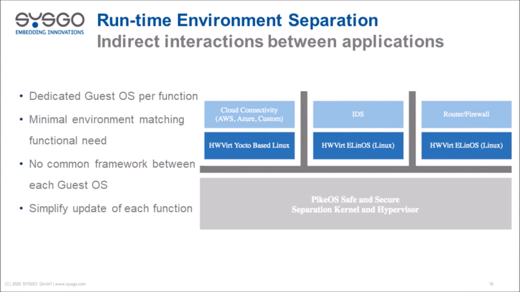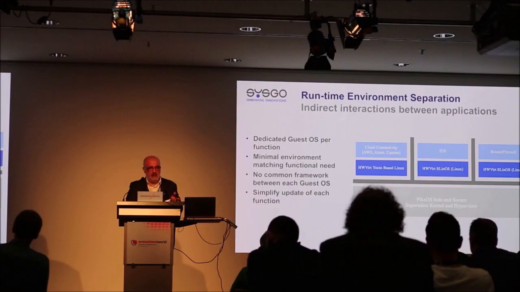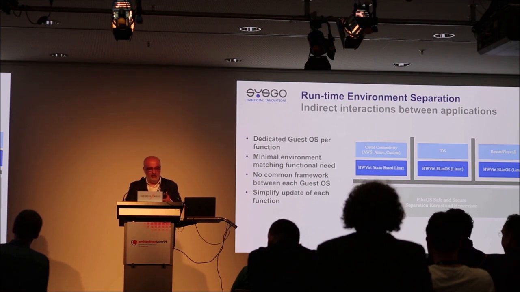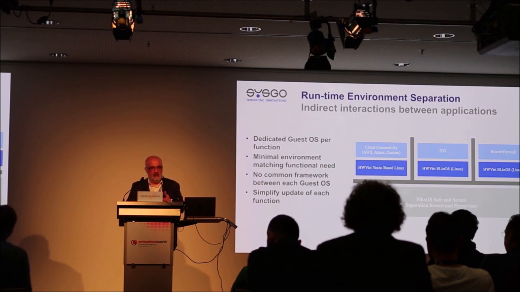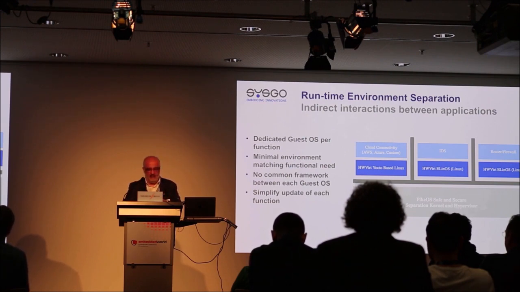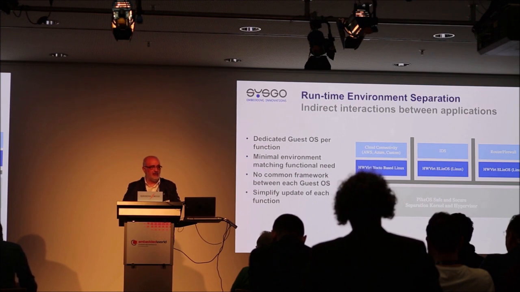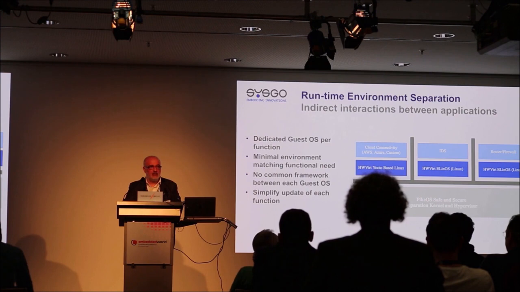First of all, you can actually control the resources, memory resources, CPU resources, which are used by these containers. And the second thing is, you may want to update your Amazon Cloud Connectivity Framework without impacting something else, because they may have some version conflict in terms of which frameworks are used by each of the implementations. So eventually, having this separation also helps you minimize the interference in terms of runtime environment between the different applications, and by the way, makes the update much easier.